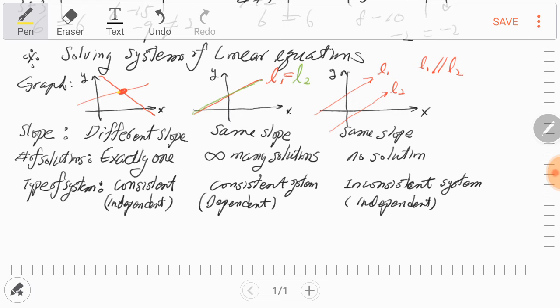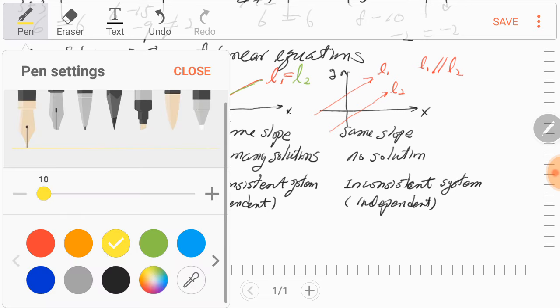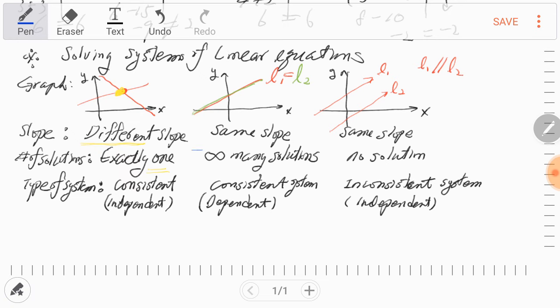This is the solution, and the slopes of these two linear equations are different. This has exactly one solution. The yellow is no good, so let's change it to blue. This has exactly one solution, and the slopes are different.